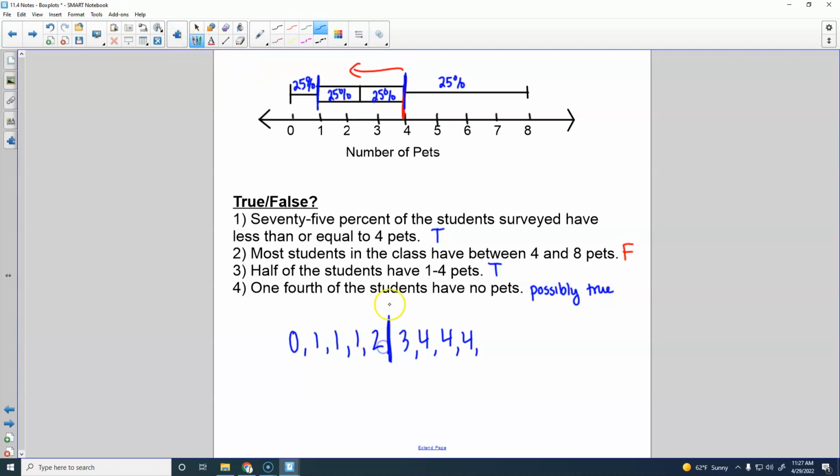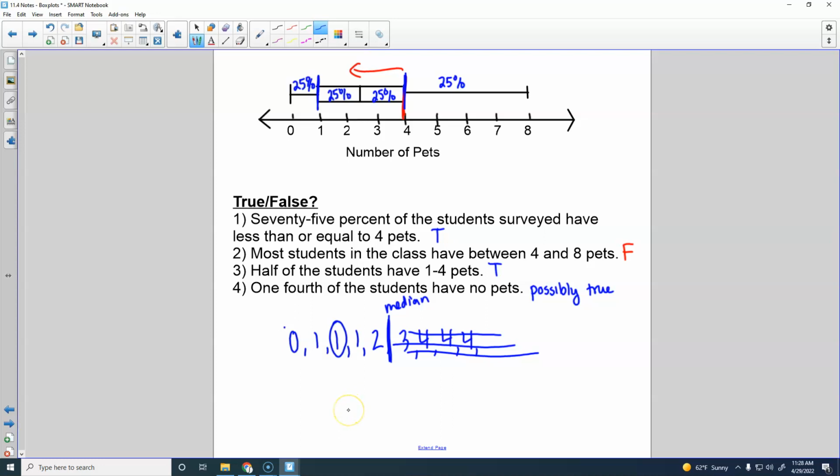Pretend right here, this is our median. Ignore this part because I'm making something up here. But if our data looks like this, then the first quartile is 1 and the minimum is 0.